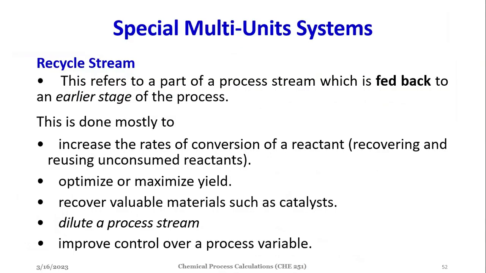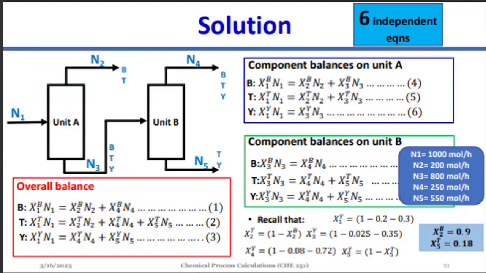Looking at recycle streams now. When we talk about a recycle, it means that we are just taking a stream that is further down in the process and feeding it back into something that was before, right? So what I mean by further down in the process is, if you look at this example we had here, realize that unit B follows unit A. Something comes from unit A to unit B. So unit B is further down the process.